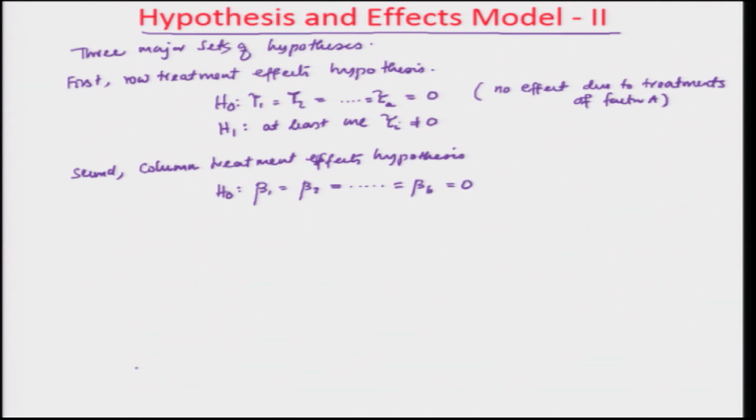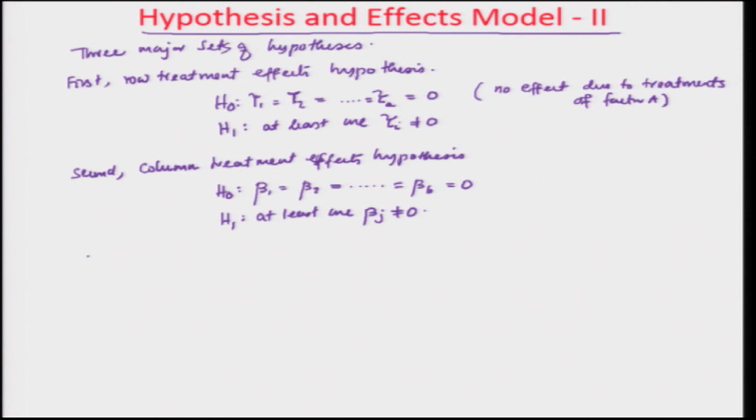So we are saying there is no effect due to the treatments of factor B, and the alternate hypothesis is that at least one beta j is not equal to 0, where we are saying that one of the beta j is significantly different from all other betas.